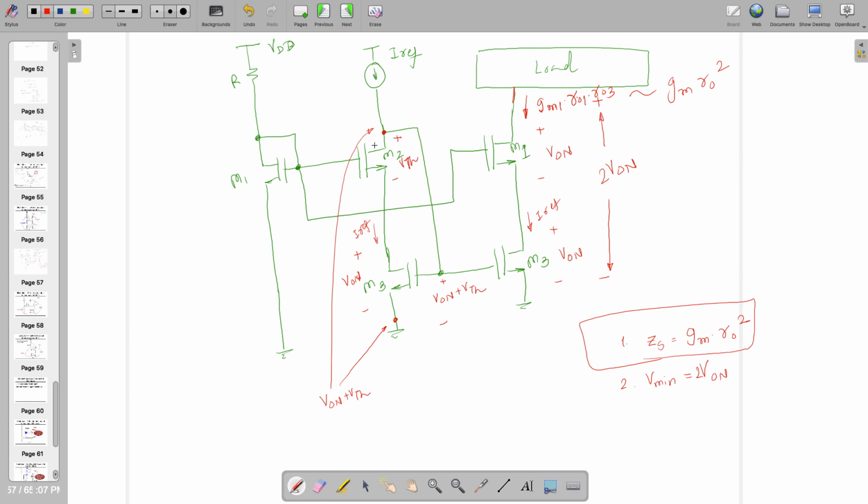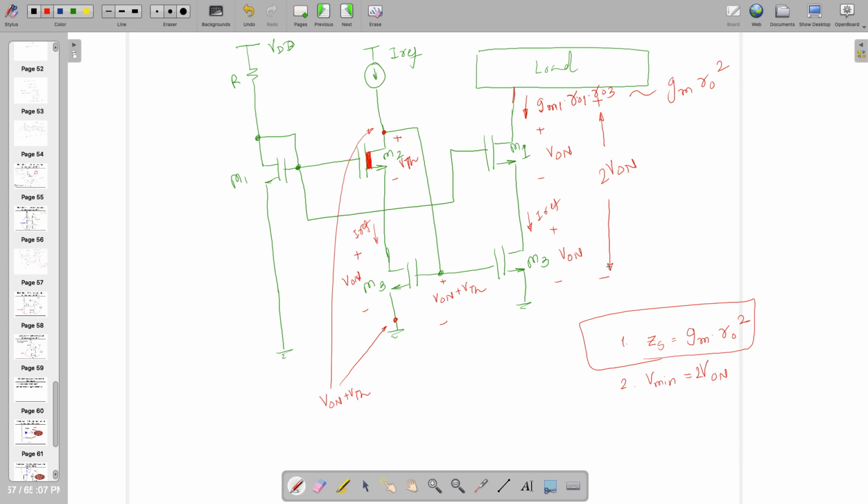In that case, you need to use a depleted mode transistor, or with this technology you can use an M2 transistor having VTH, and still keep it in saturation if that VTH is a big number. So there are two conditions: either you keep it in depleted mode, or your threshold voltage is too much. Okay, so that is one thing.